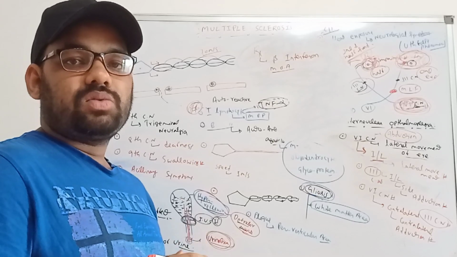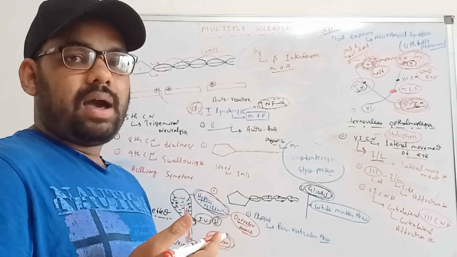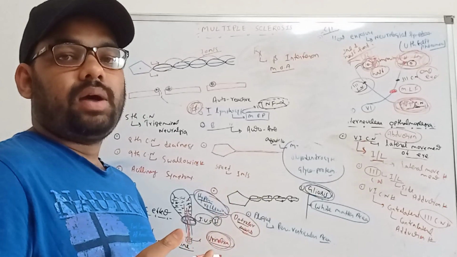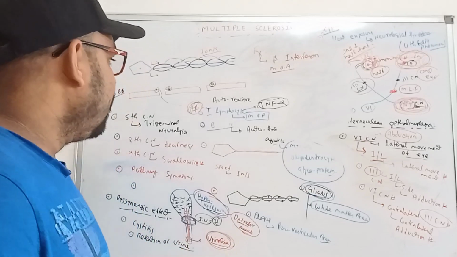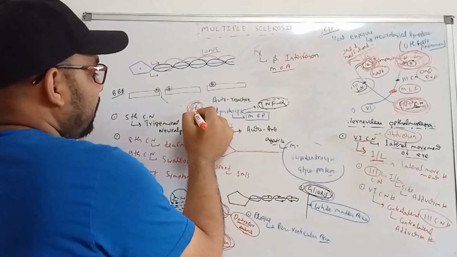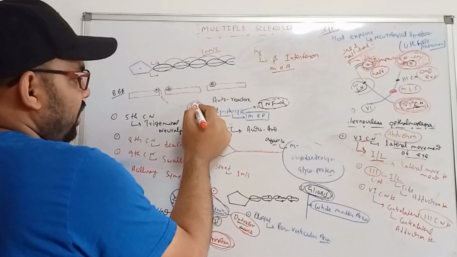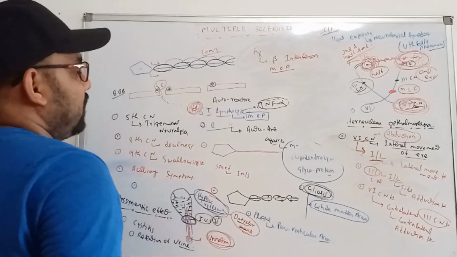As a result, the permeability of the blood-brain barrier gets increased, and different kinds of autoreactive products of the T cells go and attack the myelin basic protein and also the axon, right? In these cases, beta interferon will not let the T lymphocytes go up to the endothelial cells of the blood-brain barrier.